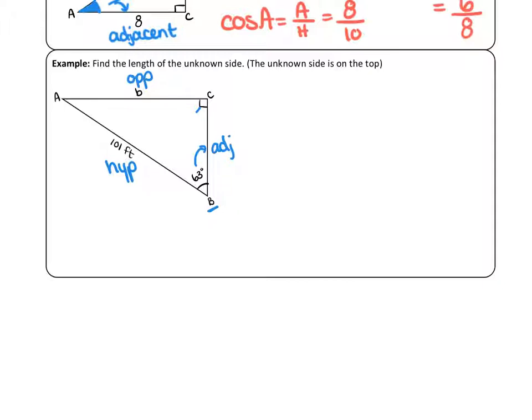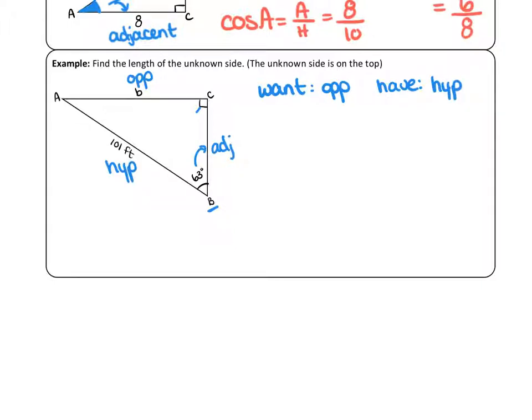Now, the unknown side, when I do these, I always think, what do I know and what do I want to know? What I want to know is the opposite side, and what I have is the hypotenuse.